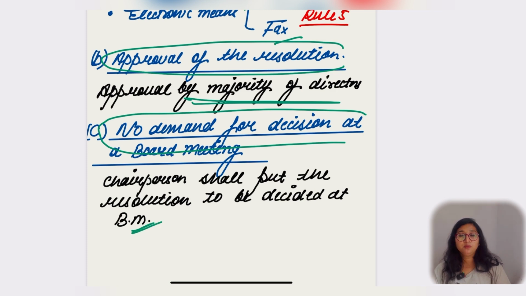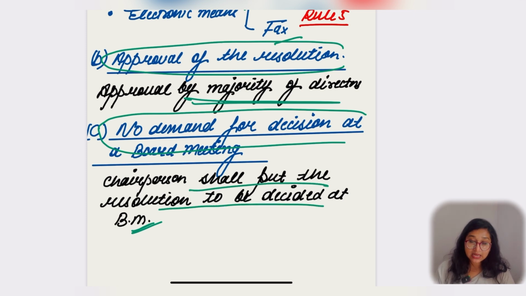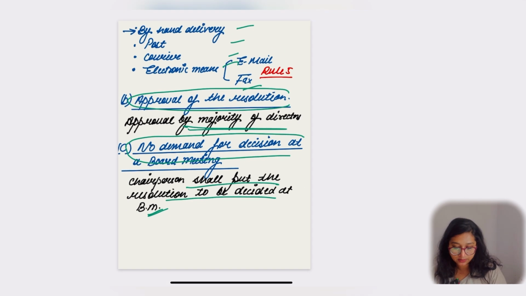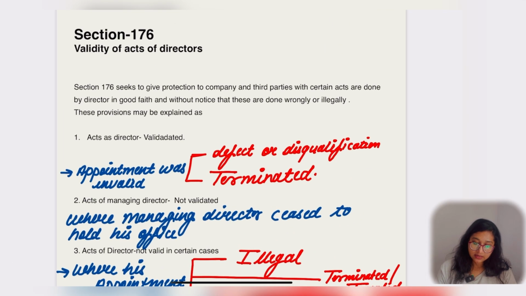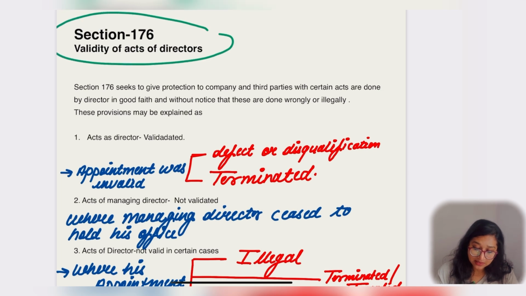What happens sometimes, the number of favorable votes and against are equal in number. In that case, the chairman is going to make the conclusion. The chairperson shall put the resolution to be decided at board meeting in that case. Okay, is it clear?